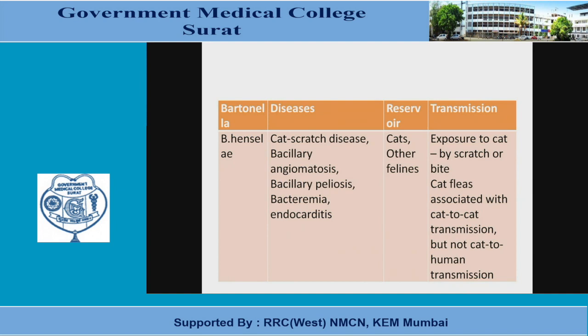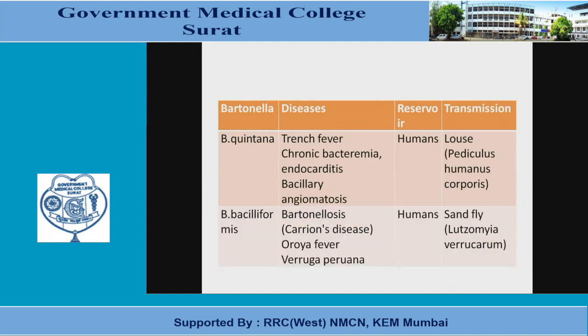Exposure to cat by scratch or bite. Cat fleas are associated with cat-to-cat transmission but not cat-to-human transmission. Bartonella quintana is responsible for trench fever. Reservoirs are humans, and lice are the main vector for transmission.